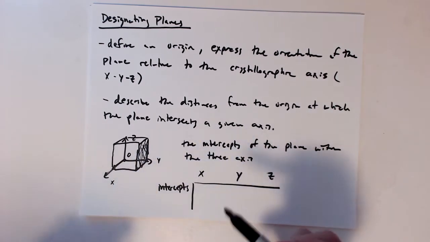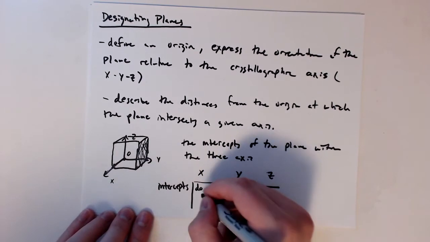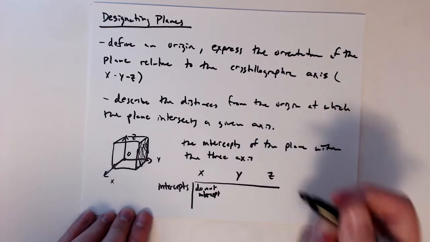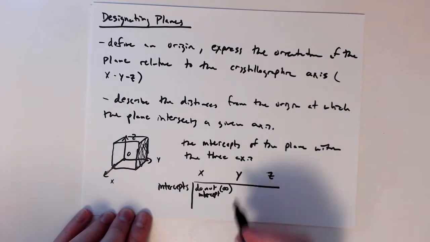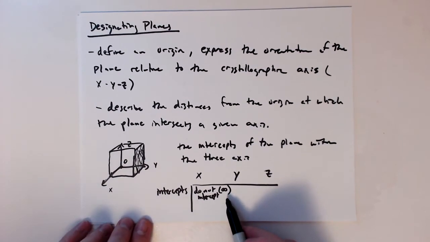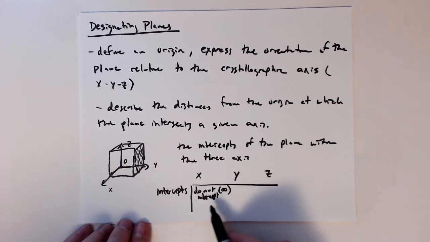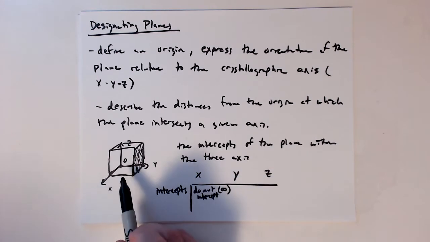And so these do not intercept. So you're never going to have an intercept in that case. And so typically, I'll define that as infinity. That's how I would write it in these cases. So I'm going to write infinity for any time it doesn't intercept. All right, so let's go to the next one.